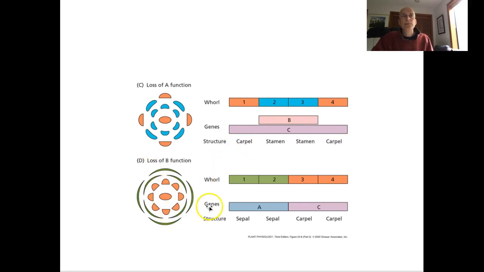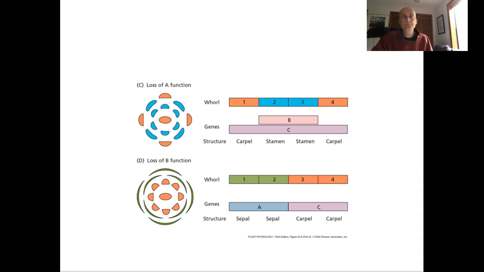And then lastly, where we have a loss of B-class function, this one is now gone. A and C are excluding each other, so they will only produce sepals in worlds 1 and 2, and carpels in worlds 3 and 4. And so with this model, people could explain the observations that they made from those floral mutants that they had isolated before.